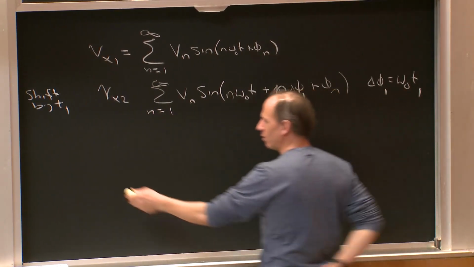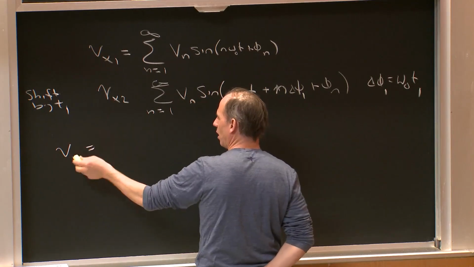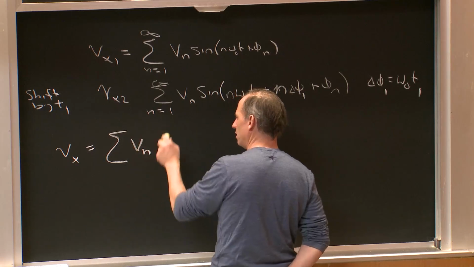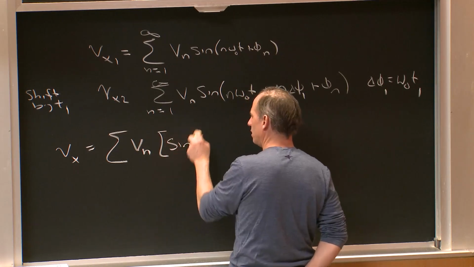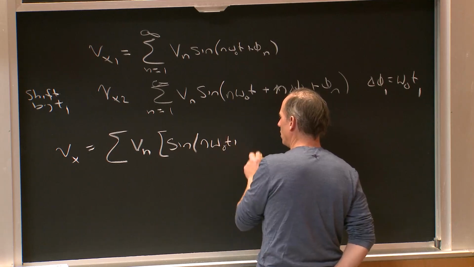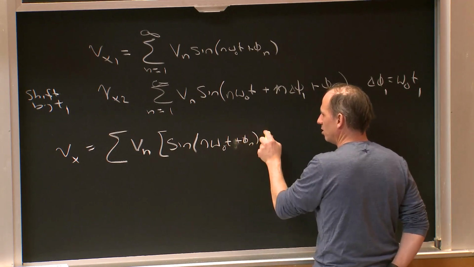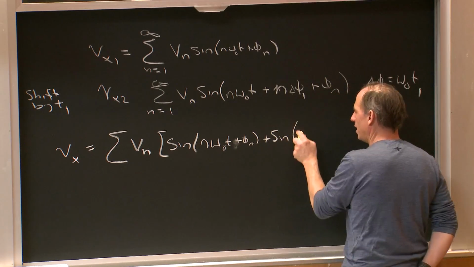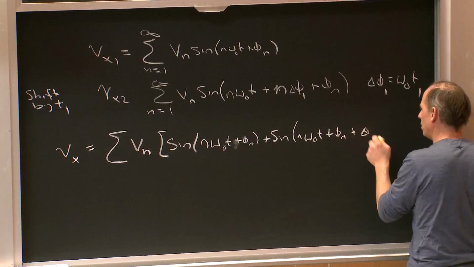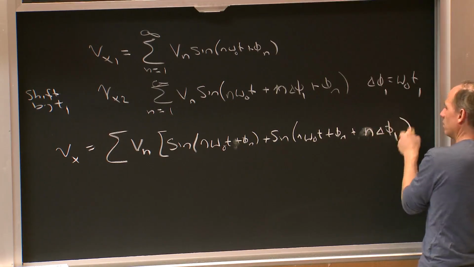So now Vx is simply equal to the summation of Vn times sine of n omega naught t plus phi n, plus sine of n omega naught t plus phi n plus n delta phi 1.